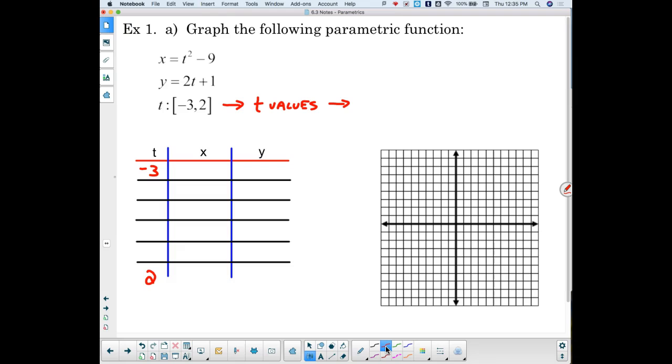Now, I like to make it easy on myself. I'm a path of least resistance type of person unless I have to go off the beaten path. So I would pick points in between there, like -2, -1, 0, and 1. If you wanted to be one of those people that put in -1.5, hey, more power to you.